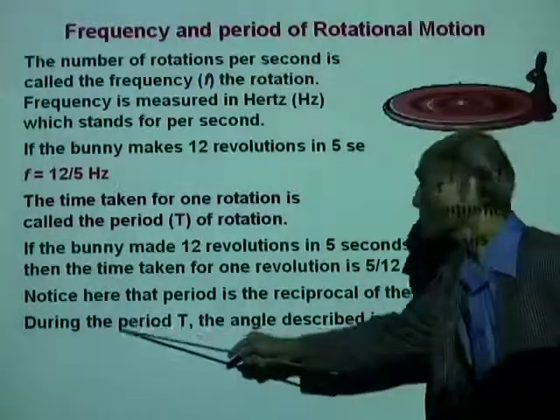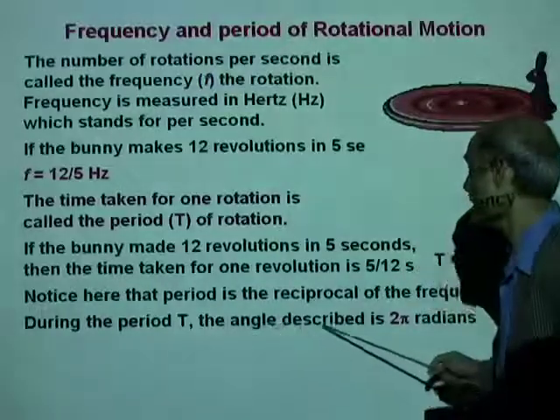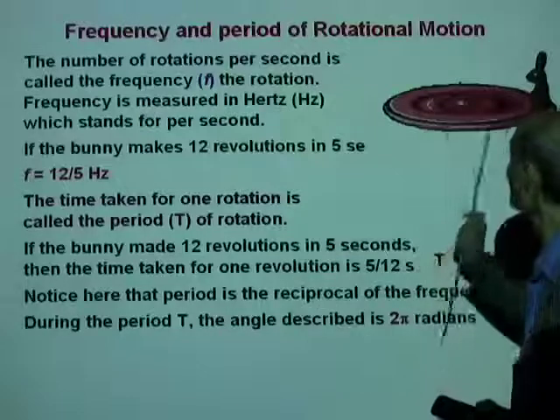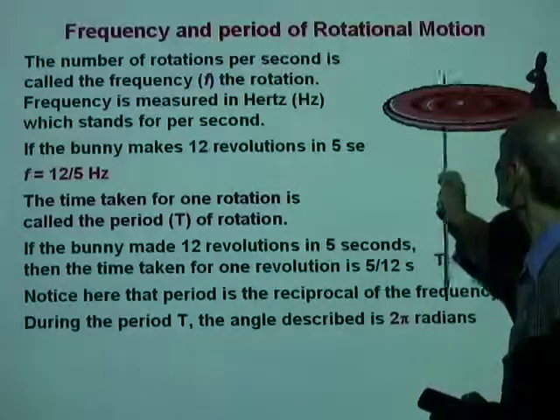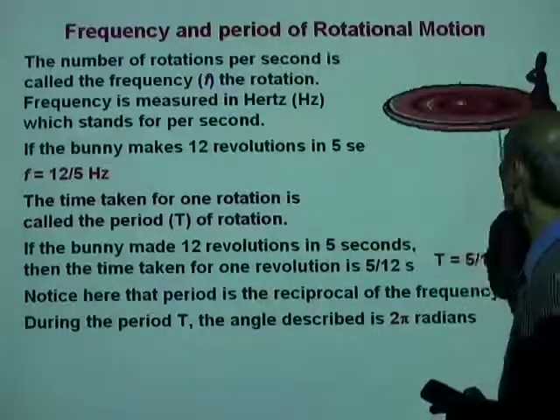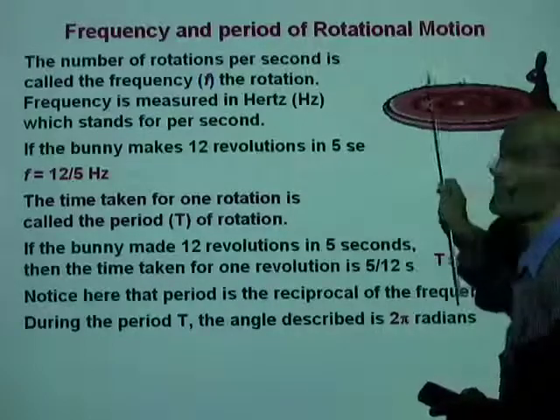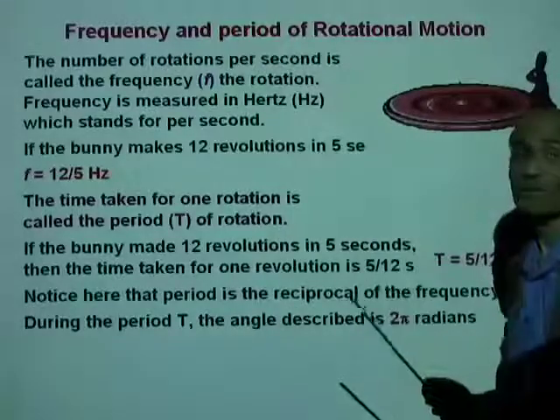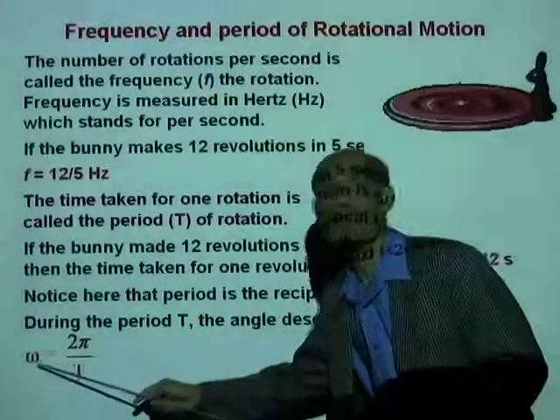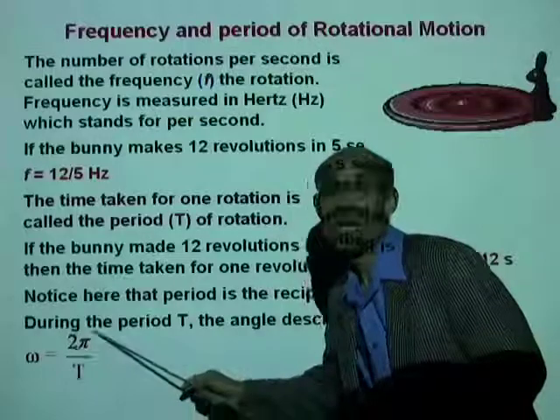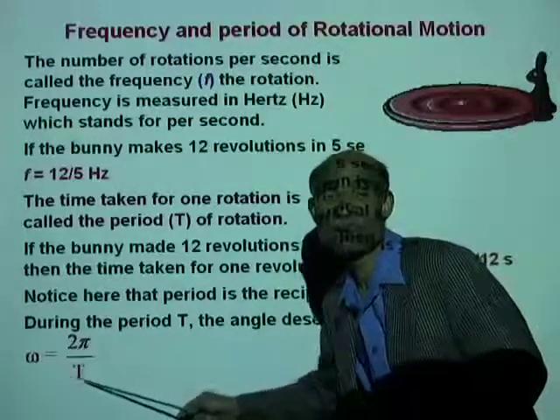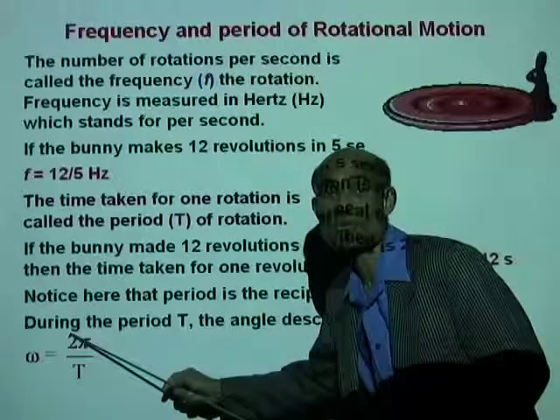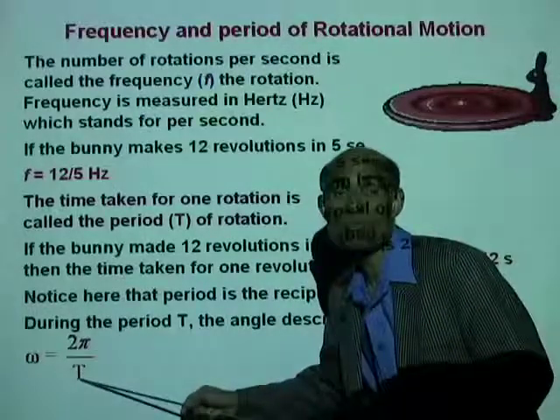So, during the period T, the angle described is 2 pi radians. Is that right? During the period means the time taken to go around once. What is the angular displacement during one period? It's 2 pi radians. Therefore, you can say omega equals angular displacement divided by the time. When the angular displacement is 2 pi radians, the time is 1 period.